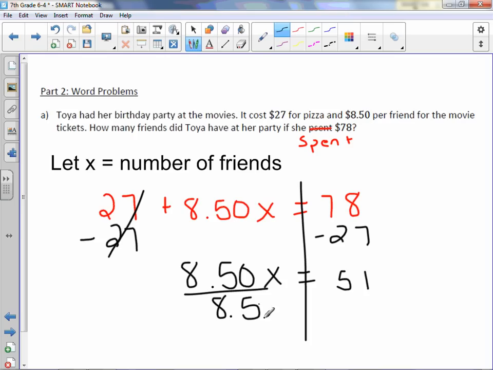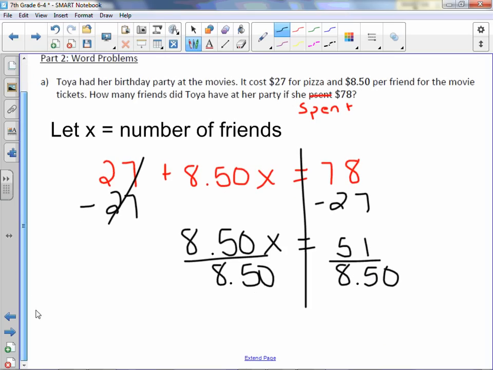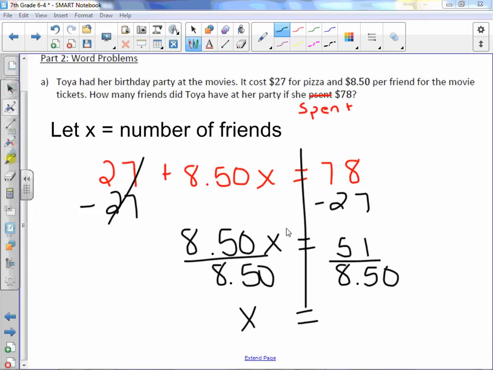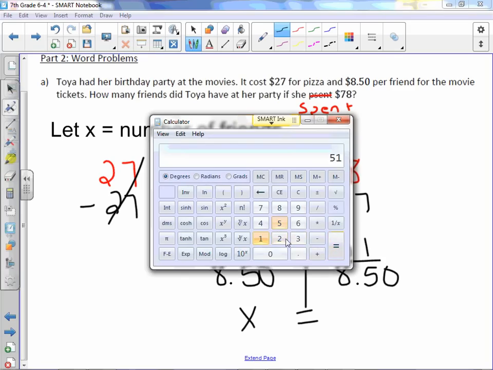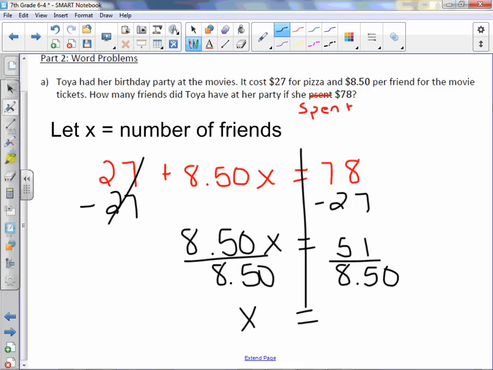Divide by 8.50. X equals 6. So how many friends? 6 friends.